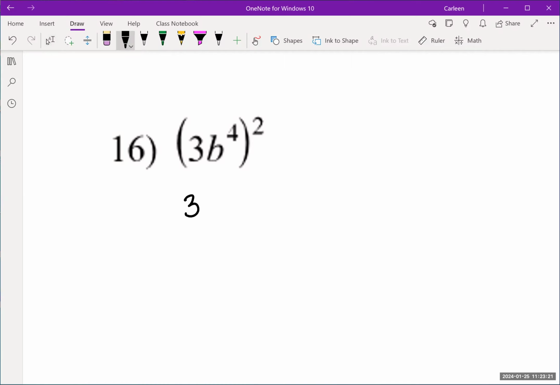So the 3 has a power 2, and the B to the 4th has the power 2. So what is that, Zoomers? Awkward silence.